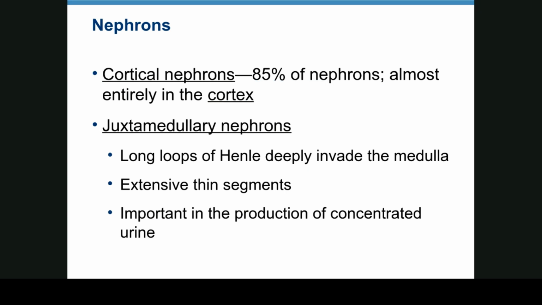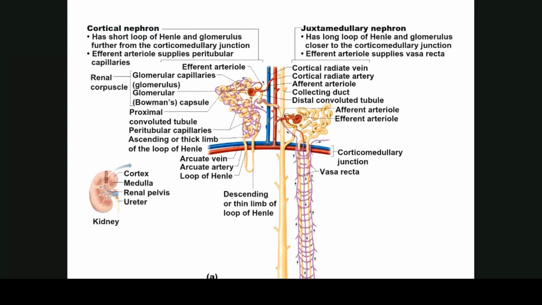So this is that complex picture you all love to hate, and it's a little bit small to see what's really going on. But this is the cortical nephron, because the majority of it's in the cortex. This is the juxtamedullary nephron, because the majority of it, a big bunch of it, goes down into the medulla.